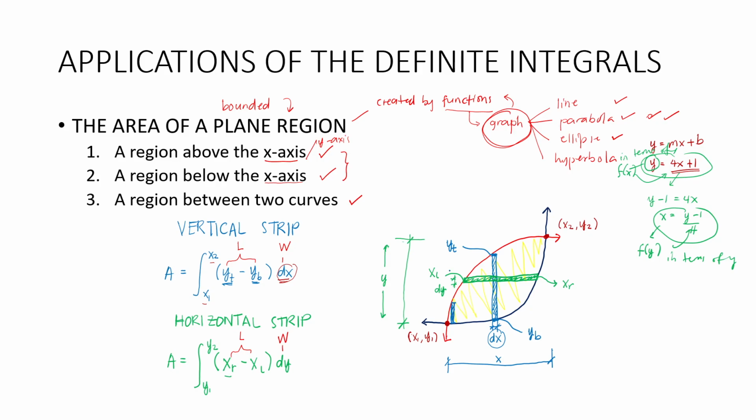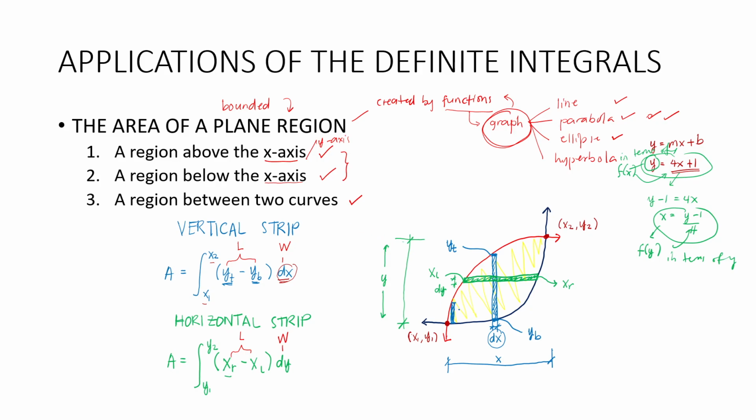Okay, again, since you are representing one strip throughout the entire bounded region, you also have to verify that from left to right, the vertical strip is touching the same equation at the top and at the bottom.